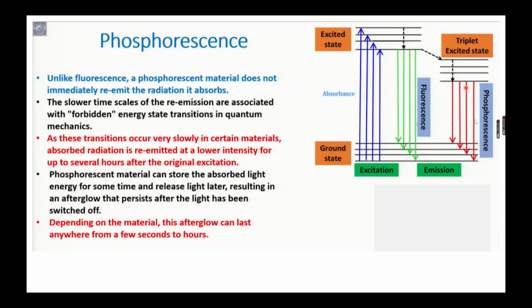But in phosphorescence, when you excite from the ground state to the excited state, it does not come directly back to the ground state. Your carrier goes to an in-between state, which is called the triplet excited state, and after this it comes to the ground state.